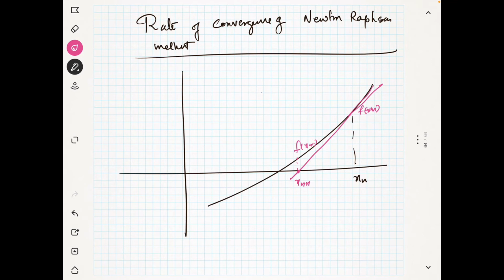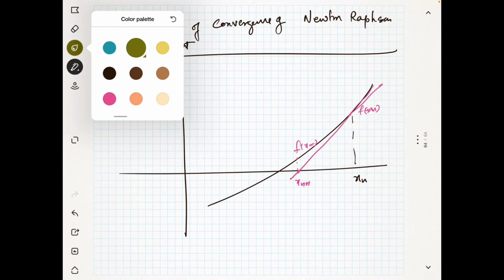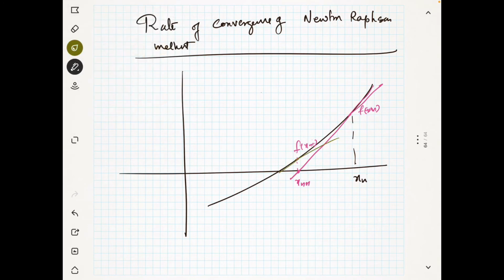Okay, now you will find the next point. Like this you will be proceeding, then this is nothing but x of n plus 2. Okay, like this we will be proceeding. So my actual solution is somewhere here. I can show it by a different color. This is my actual solution, which is alpha.